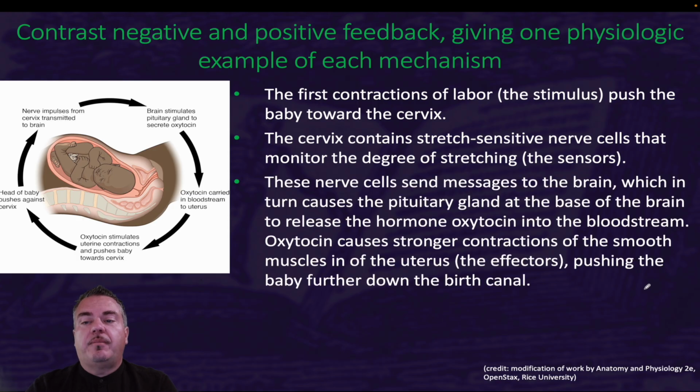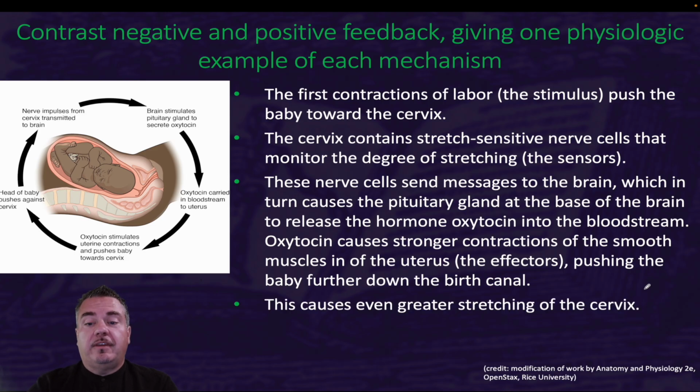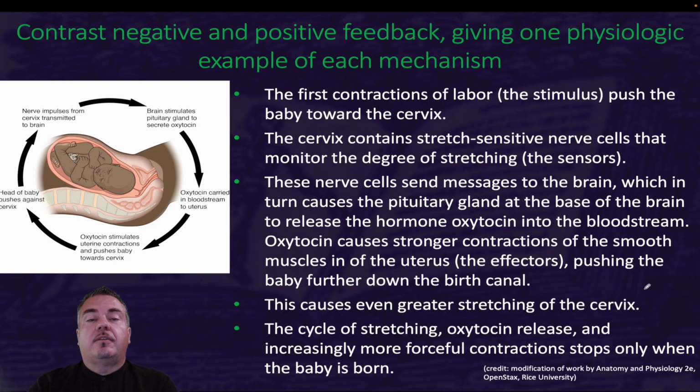These nerve cells send messages to the brain, which in turn causes the pituitary gland at the base of the brain to release the hormone oxytocin into the bloodstream. Oxytocin causes stronger contractions of the smooth muscles in the uterus, which are the effectors, pushing the baby further down the birth canal. This causes even greater stretching of the cervix. The cycle of stretching, oxytocin release, and increasingly more forceful contractions stops only when the baby is born.